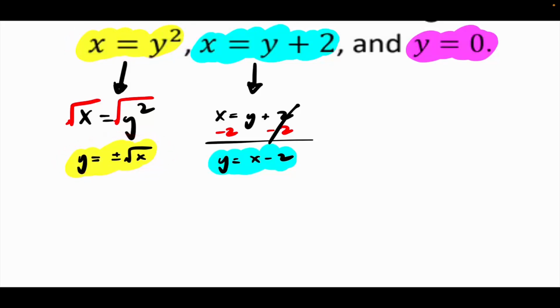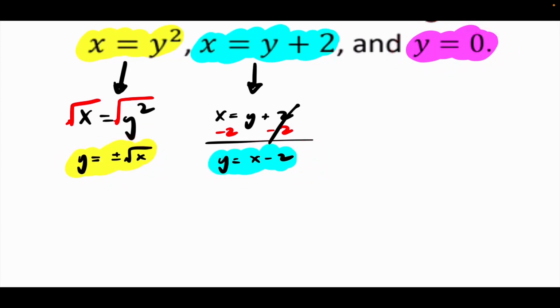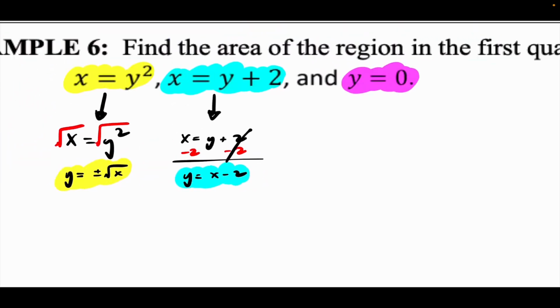So we're going to graph these guys on our graph. Those are the 3 guys we're going to graph. Okay, so let's go to our calculators and let's get a picture.